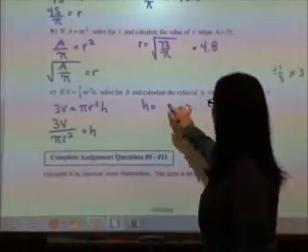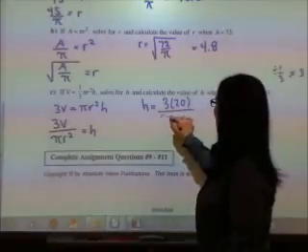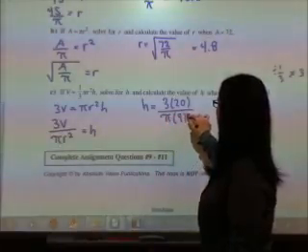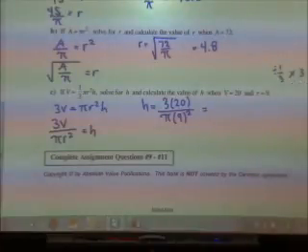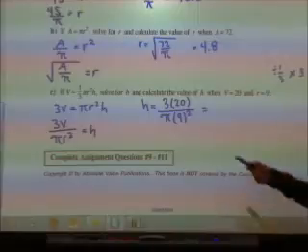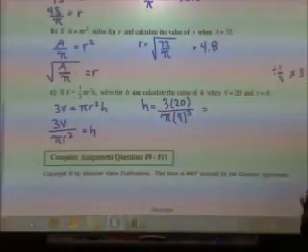So if v equals 20 and r equals 9, to the nearest 10th, what does h equal? And be careful because you have things that you have to do on the top and on the bottom separately.